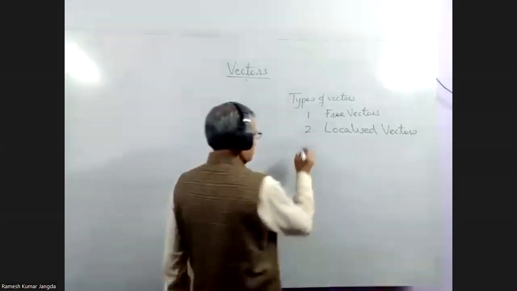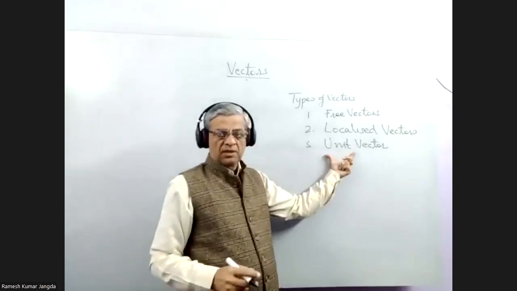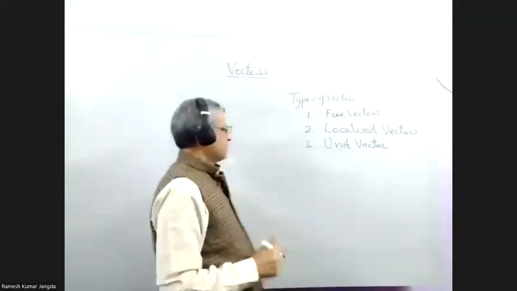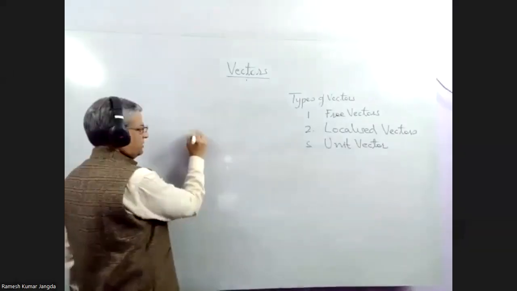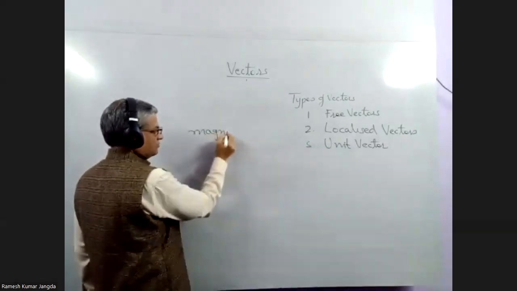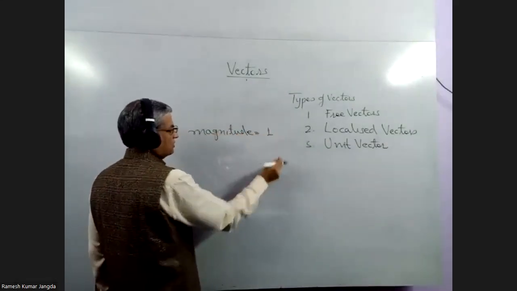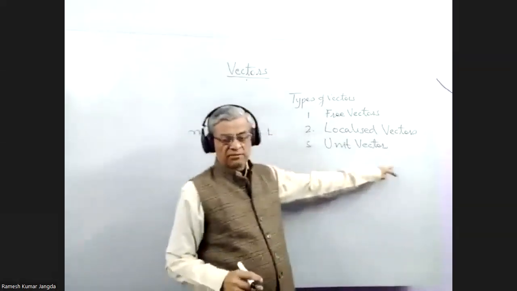Then third is unit vector. Unit means one. A vector with magnitude equal to 1 is called a unit vector.